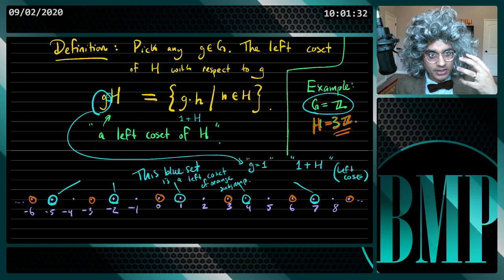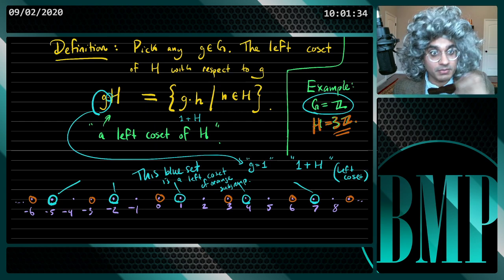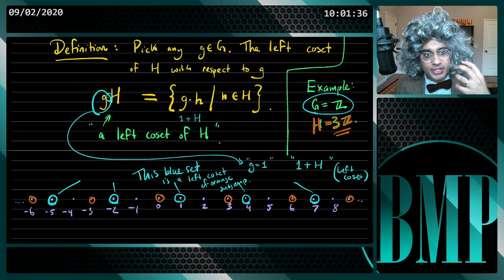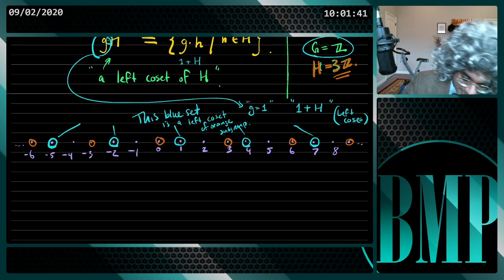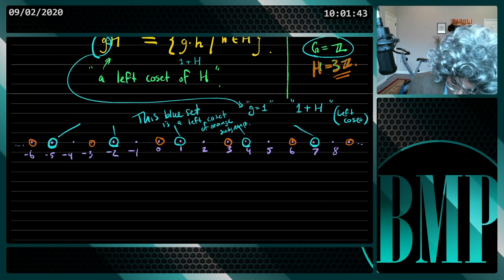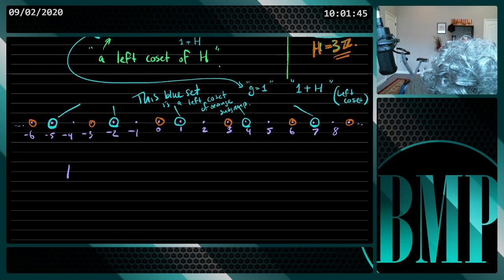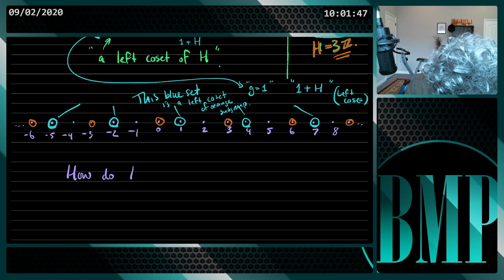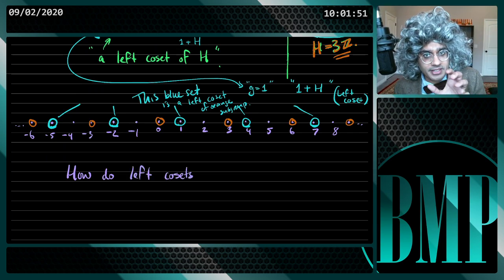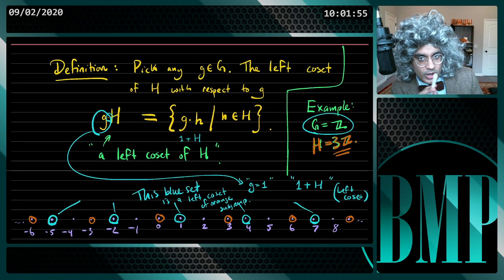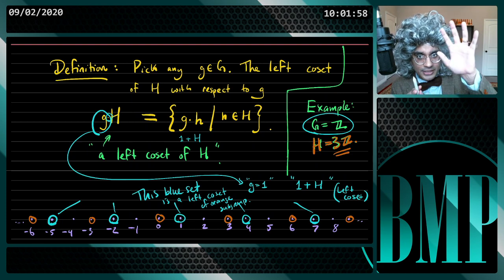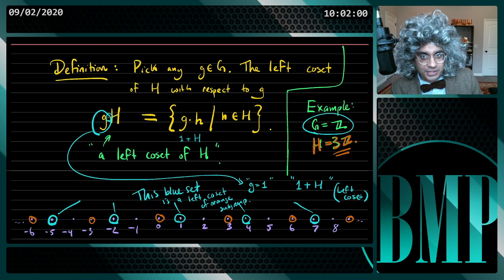What do left cosets look like? How do the left cosets sit in the ambient group G? That's the basic question I'm going to answer. By the way, the definition of a right coset is the set of all elements where you multiply g, one fixed element, on the right, and you let all elements of H multiply it.